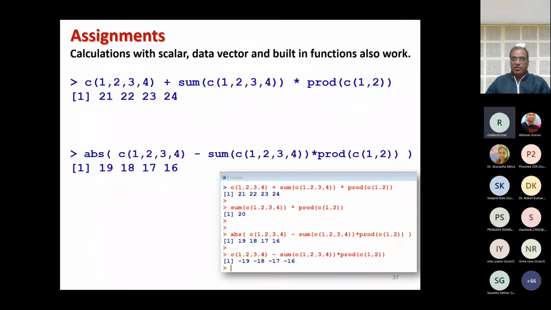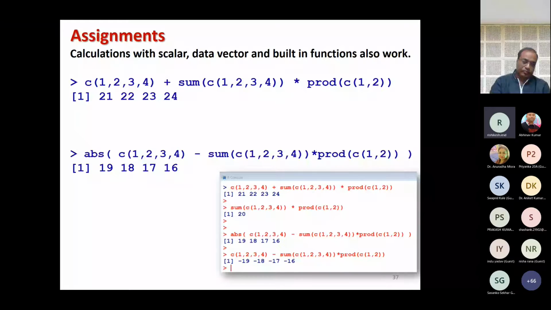And so, whatever operations I have given you so far are between scalars and vectors. But now I want to tell you that you can even take their combinations.